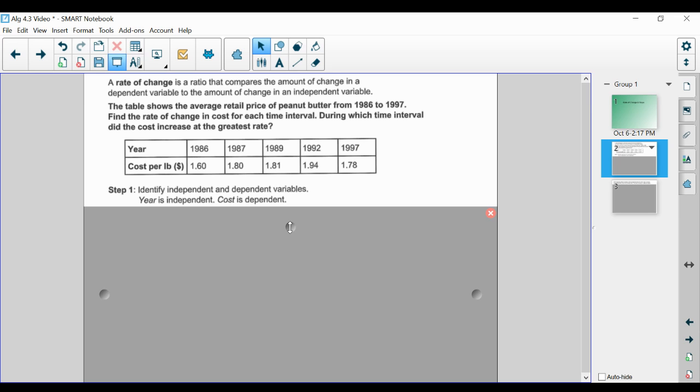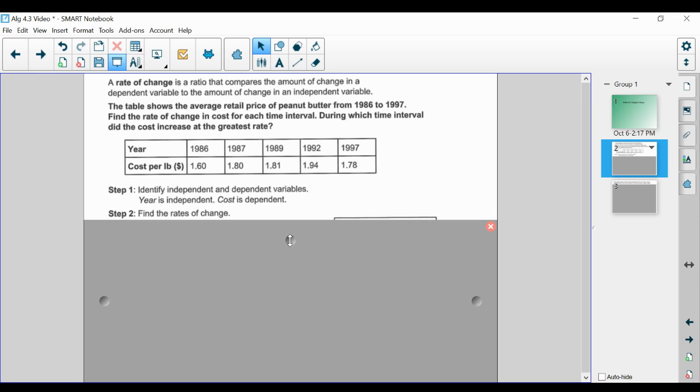So now that we have our independent and dependent variables identified, the second step is we're going to find the rates of change. So to find the rate of change in every single scenario, we are going to find the change in the cost in the numerator, over the change in years in the denominator, because it's the ratio from our dependent to independent.